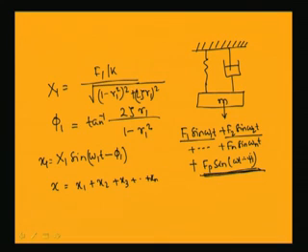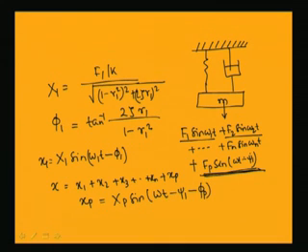So, due to this the response, let me write this response equal to xp. So, this xp will be equal to capital Xp sin omega t minus phi p minus psi 1.